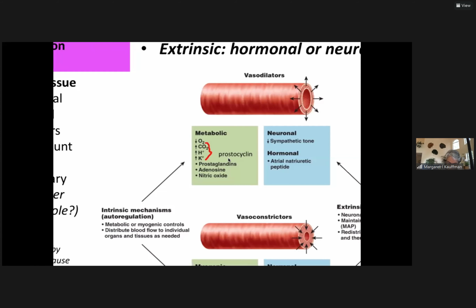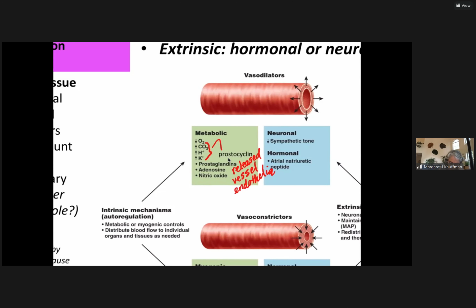Prostaglandins, adenosine, and nitric oxide, these are released locally, and many of them are released by the endothelia. Now, why they know to release them is because of these conditions.